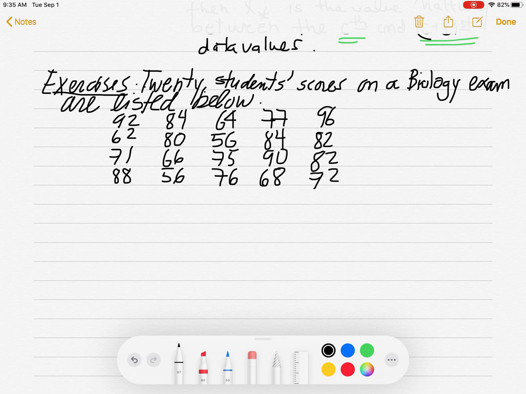Okay, so we have 5 columns and 4 rows, so it's a total of 20, right? Okay, so here's my first problem. Determine the 30th percentile.